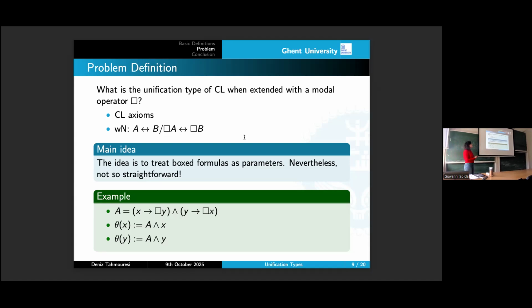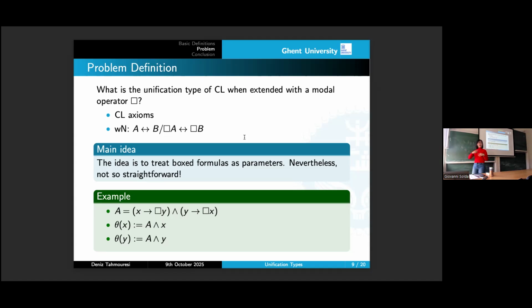One of the reasons, and an example of why it cannot be easily interpreted as parameters, is this: if we have some A like this and we have a substitution theta with x and y, you can see that box y is going to appear in this part and box x is going to appear in this one when you substitute them.